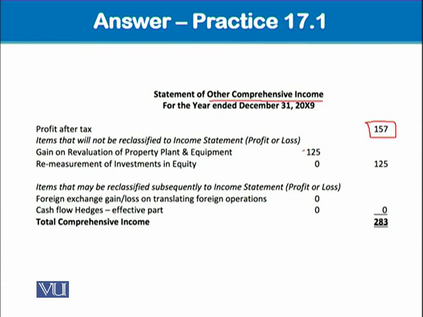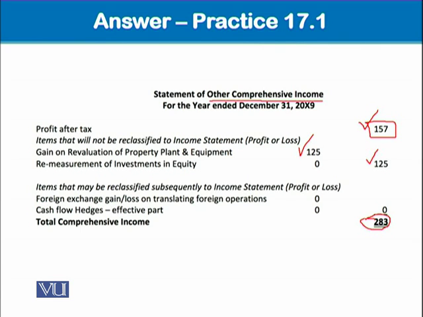We have only one item. What is that? That is the revaluation reserve of property, plant and equipment. So the revaluation that was done in the current year will be taken over here. This is the unrealized gain, and this was the realized gain or net profit. So the total comes to 283, and this 283 will become part of our owner's equity.